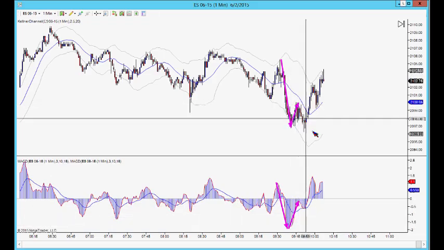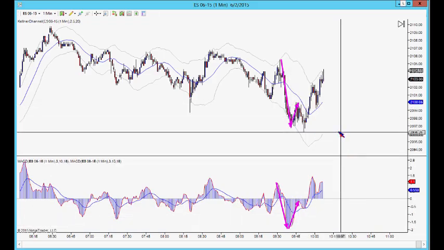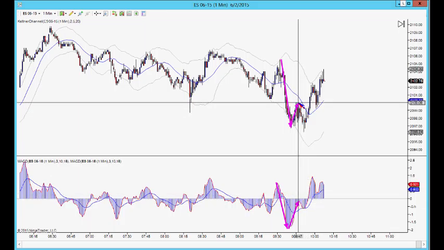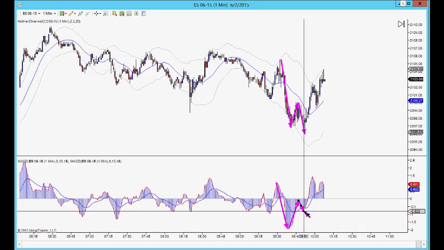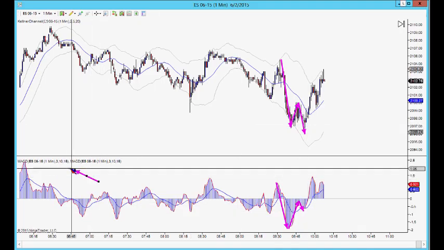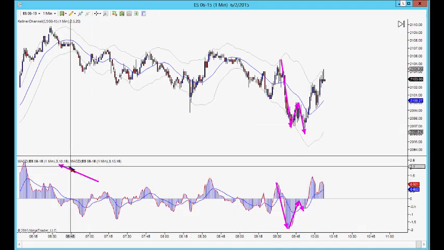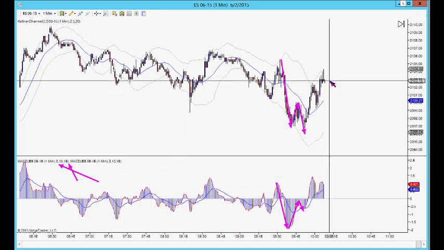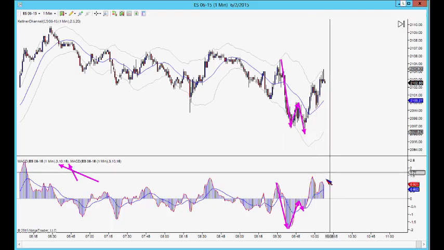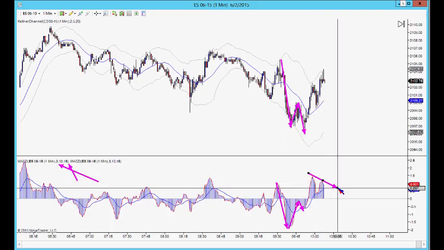Got that so far? Then the market makes a new low and the indicator makes a higher low, the 310 indicator. This is it right here. This is what we're going to do. We're going to build it today. So you can see right here, you're starting to get that bit of a sell divergence.